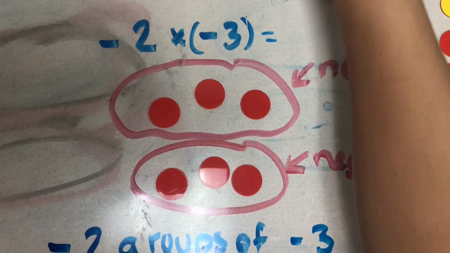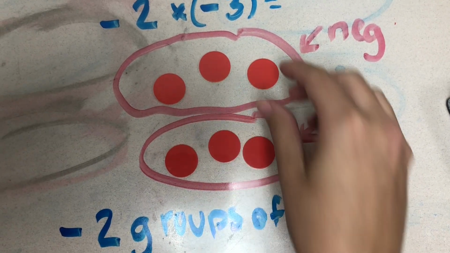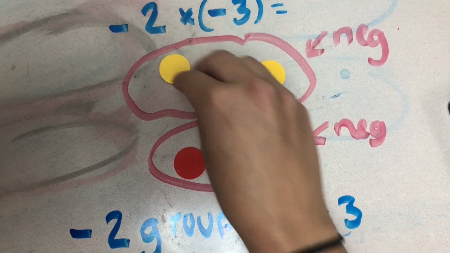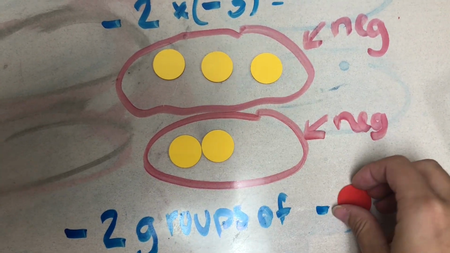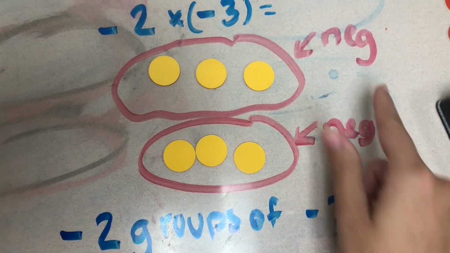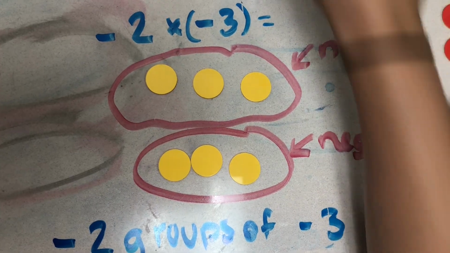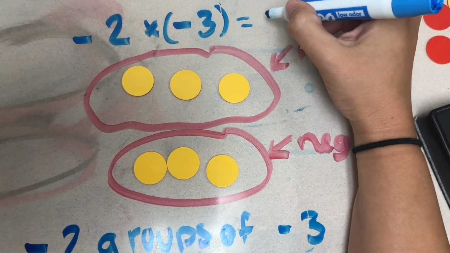So, inside a negative group, it's like the Twilight Zone. Everything in there switches to the opposite of what it was. So all of these negatives, since they're in a negative group, flip to the opposite of what they started. So when I take that negative group into account, what am I left with? Well, I have 6 positives. So -2 times -3 is going to be a +6.